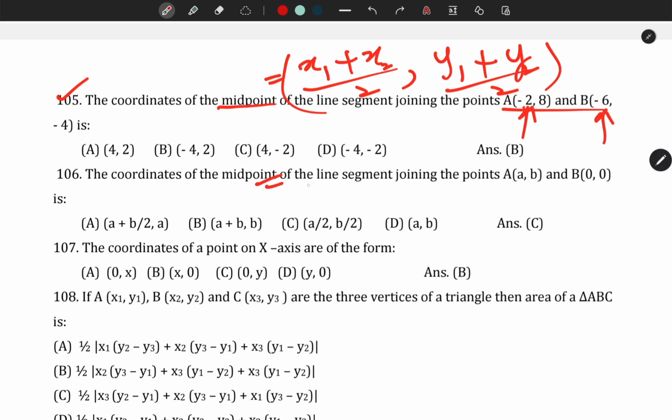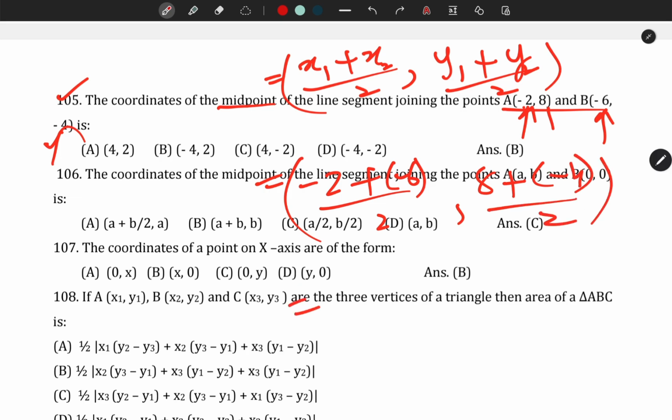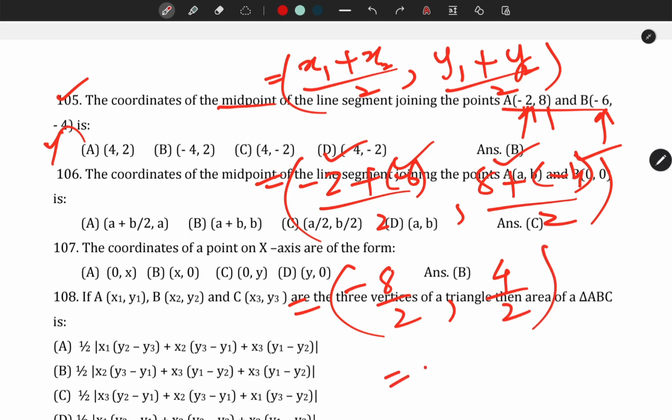So it will be equal to minus 2 plus minus 6 divided by 2, and for y you have to add 8 and minus 4. So 8 plus minus 4 divided by 2. So this will give us minus 6 and minus 2 makes minus 8 divided by 2. And 8 minus 4 is 4 divided by 2. If you cancel, you'll get minus 4 comma 2. So minus 4 comma 2, the correct option is B, minus 4 comma 2.